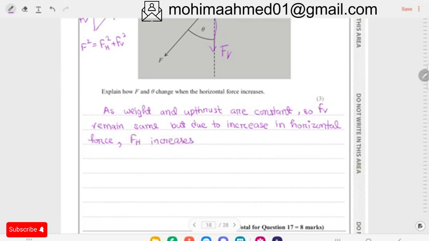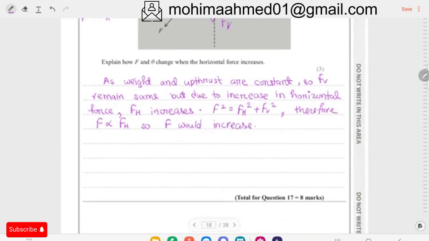So if FH increases, you can now write the equation F square equals FH square plus FV square, according to the right angle triangle that they create. Therefore, F is directly proportional to FH, so F would increase.